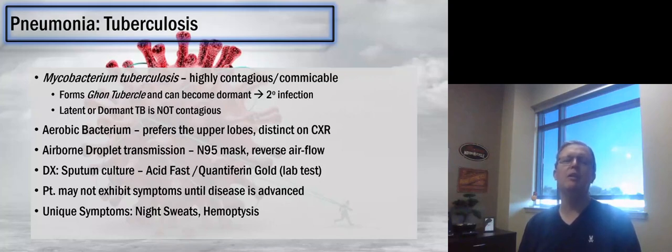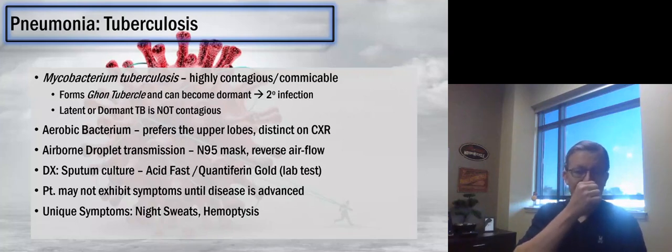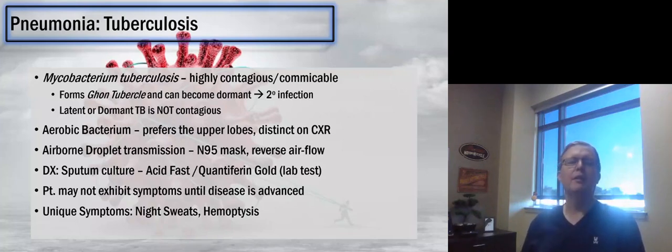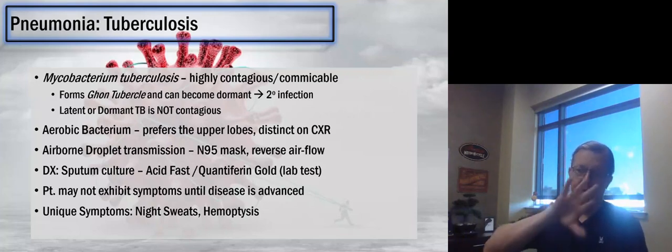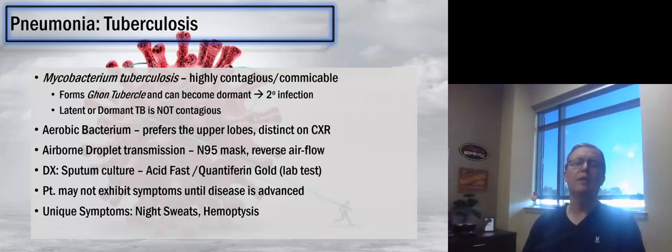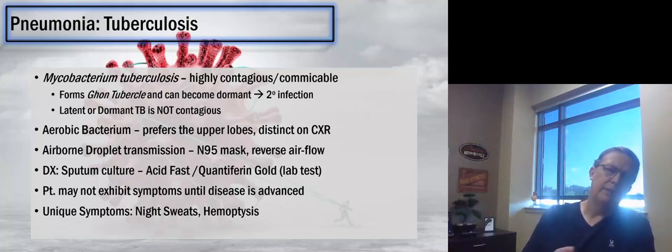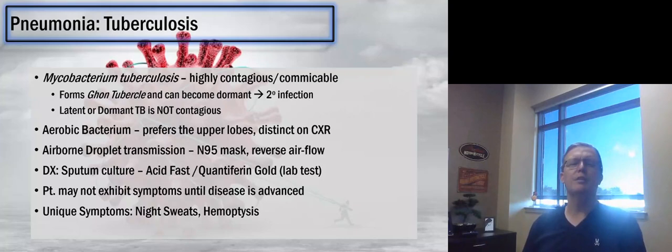So there is a direct flow that takes the air that's in the room into the HEPA filtration system, to remove the TB mycobacterium from the air. That's the reason for the reverse flow. In other rooms, the air flows out of the room into the hallways. In this case, we don't want to be pushing that air out into the hallways. We want to be taking it directly to the filtration system in the ductwork.